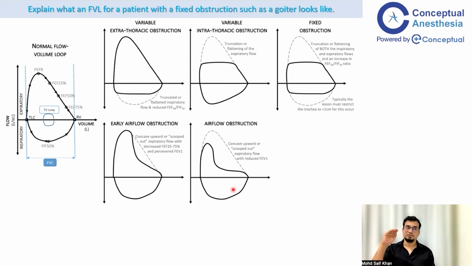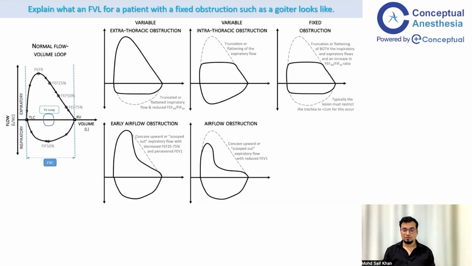There will be a drastic, significant drop in the peak expiratory flow rate, more than 25 to 50%, even more, 75%. The expiratory limb of the FV loop will appear blunted, but the typical appearance will still be present, that is scooped out appearance. So scooped out appearance is a kind of signature of COPD on FV loop. So that is what you can see.